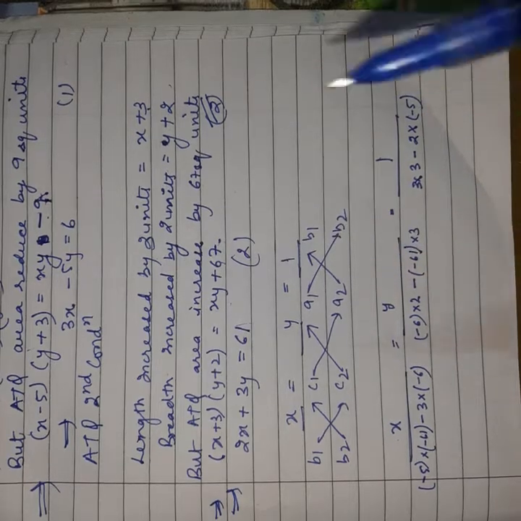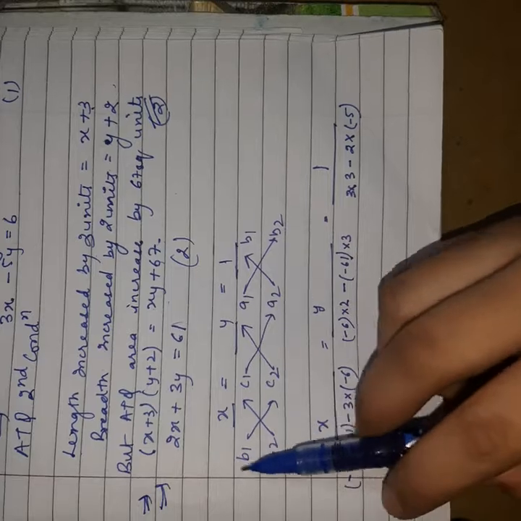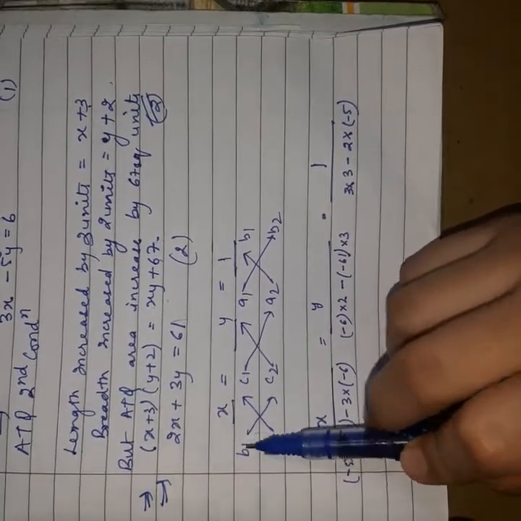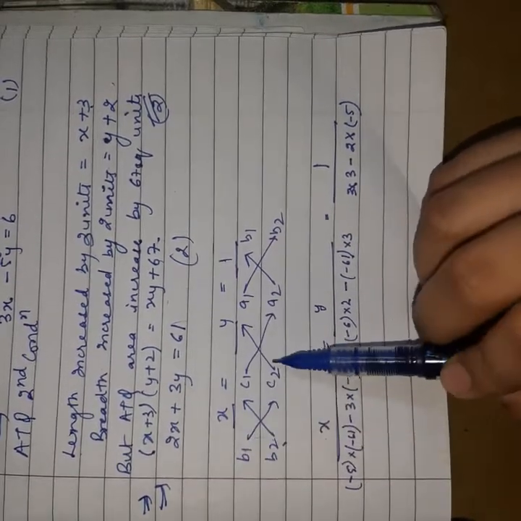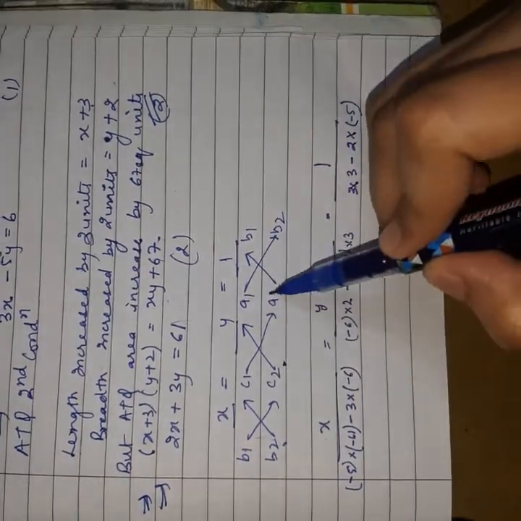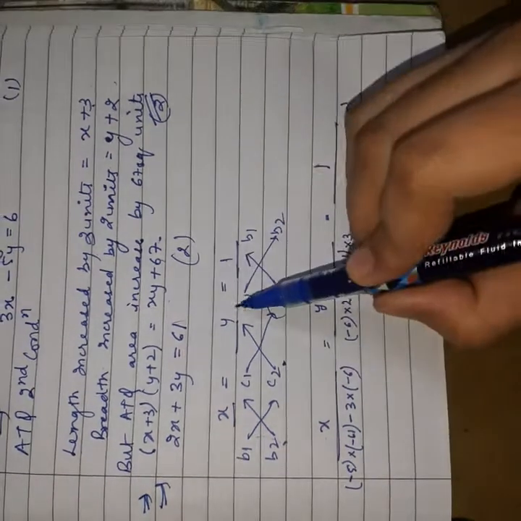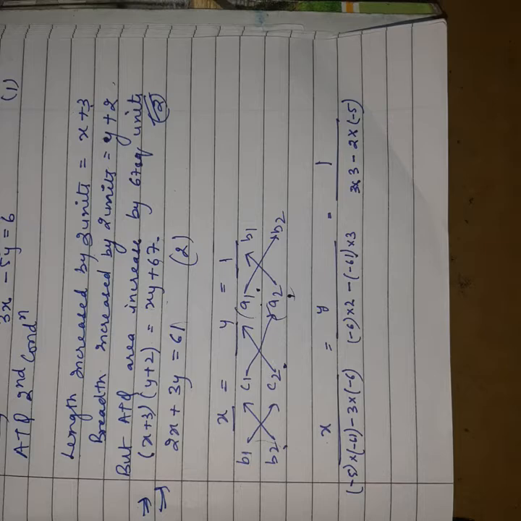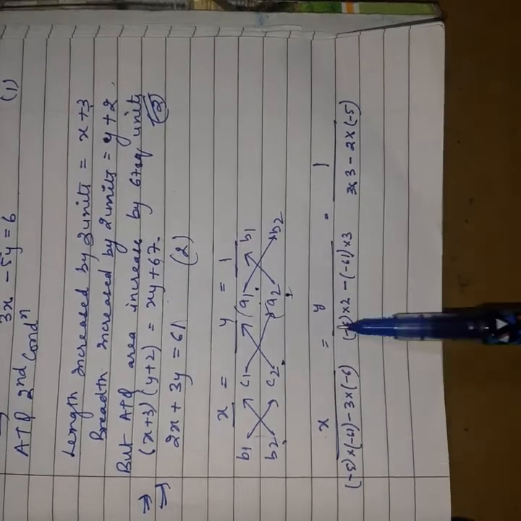Okay. So now you put in the values. B represents the coefficient of y, and the subscripts 1 and 2 represent equation 1 and equation 2. So B1 is the coefficient of y in equation 1. Similarly, C2 is the constant value in equation 2. A2 is the x coefficient in equation 2. A1 is the x coefficient in equation 1. That's how we have to put the values. So by putting in the values, you would have an answer.